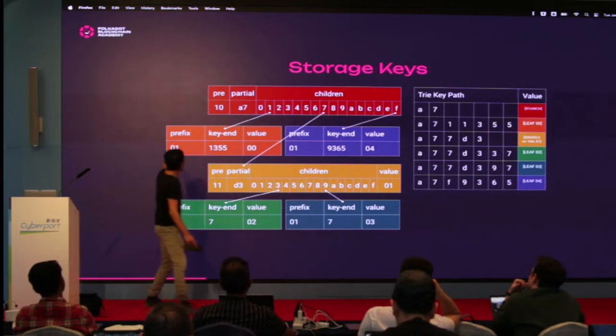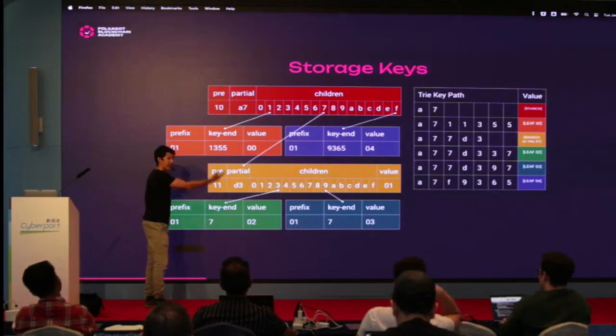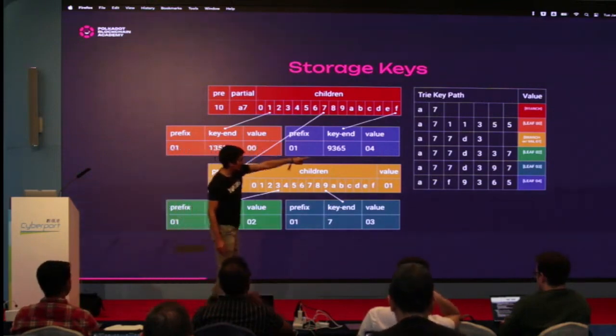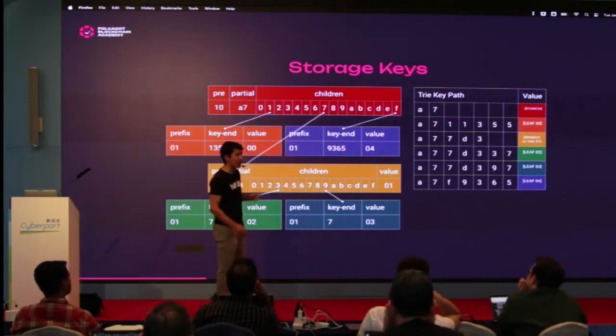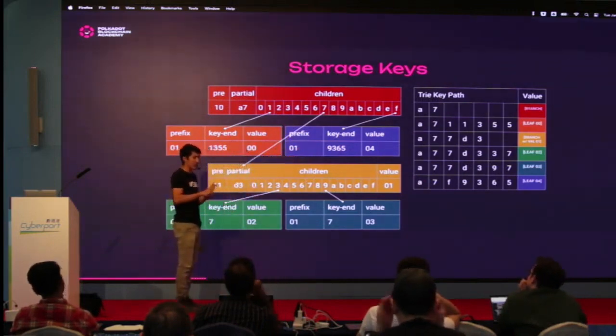Like 0, 1 is telling you that this is a leaf node, so it's basically telling you how to deserialize the data you're seeing. So there are four options: branch with value, leaf, and there might be a null. I don't remember, but something like that. So that answers your question, though, right?